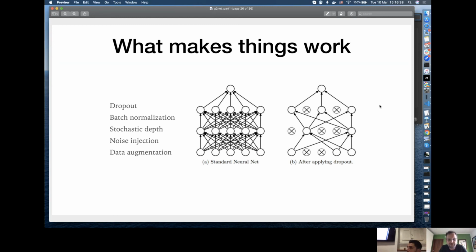Batch norm is another technique by which you renormalize around 0 and 1 standard deviation the output of a layer for an individual mini batch.